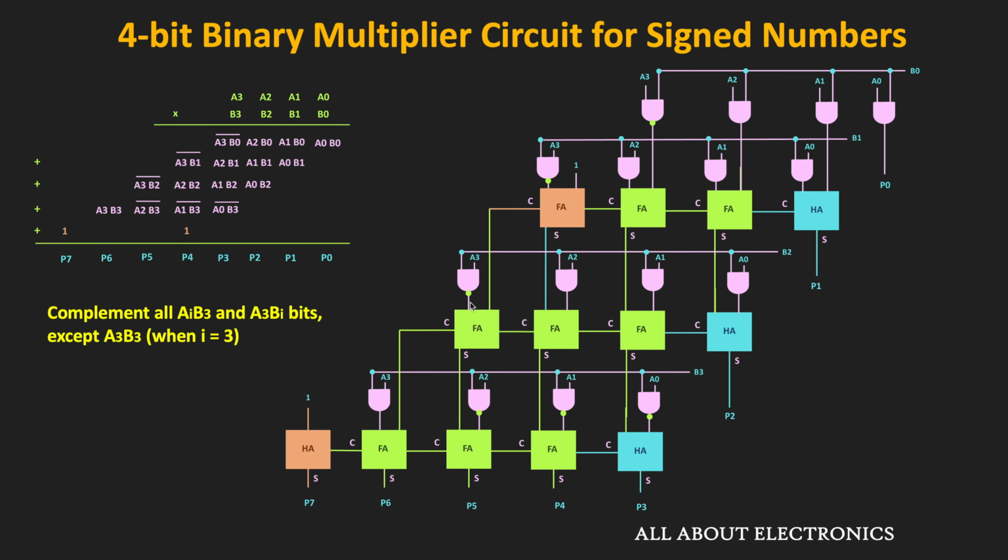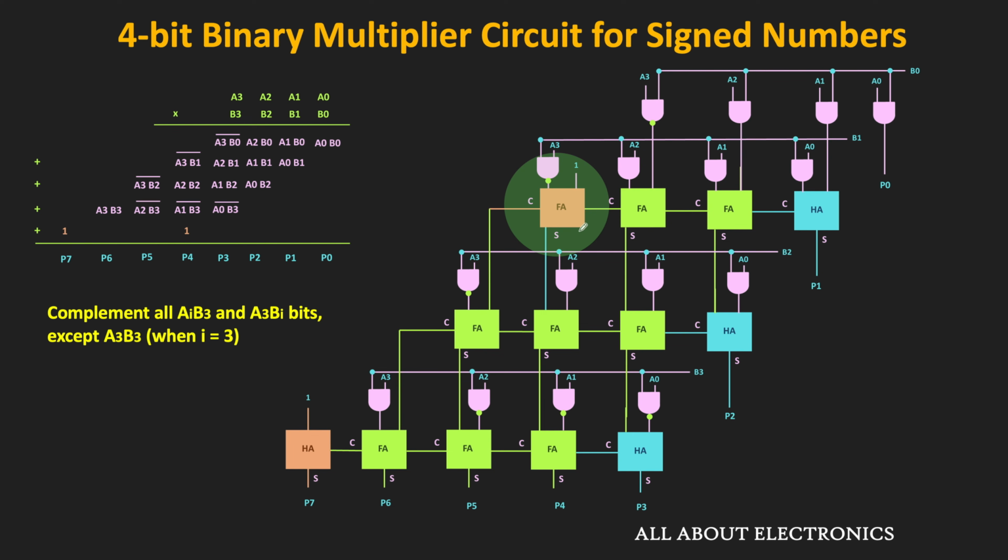So in the previous video, we have already seen the circuit for the 4-bit multiplier for the unsigned numbers. So to use the same circuit for the signed number multiplication, these 6 AND gates have been replaced by the NAND gates. So basically, they will invert these 6 bits. And to add the 1 at the P4 location, instead of the half adder, the full adder is used.